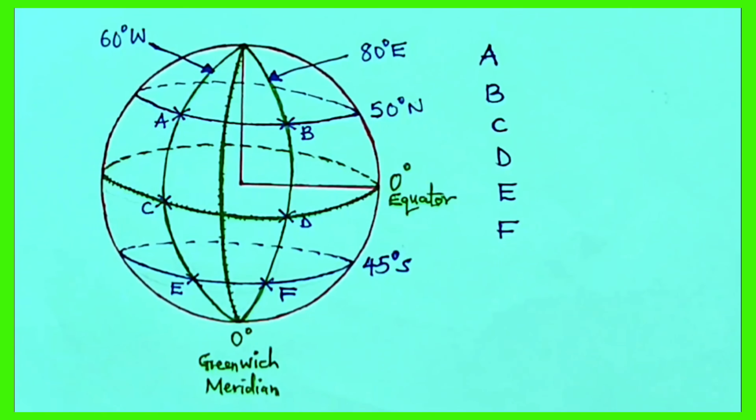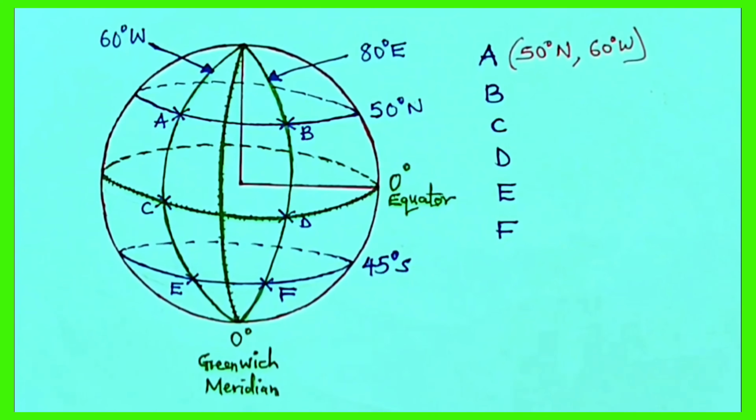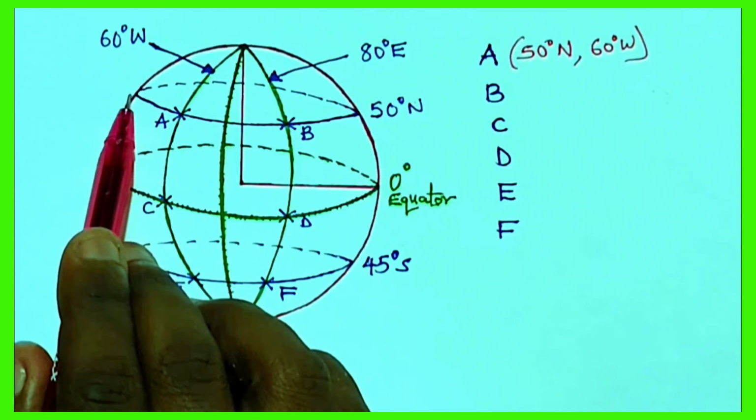So the point A here is 50 degrees north and 60 degrees west. The point B is also on a latitude 50 degrees north and then longitude 80 degrees east. So this is 50 degrees north and 80 degrees east.